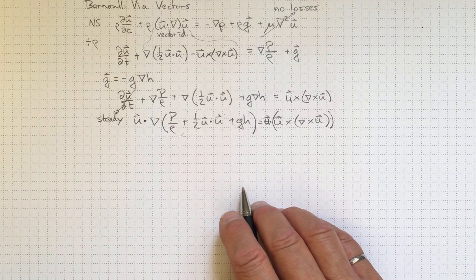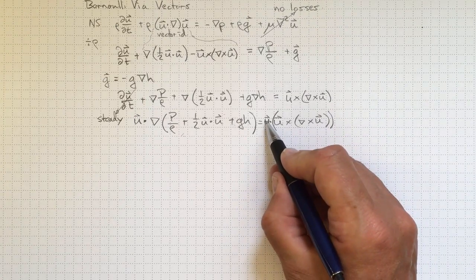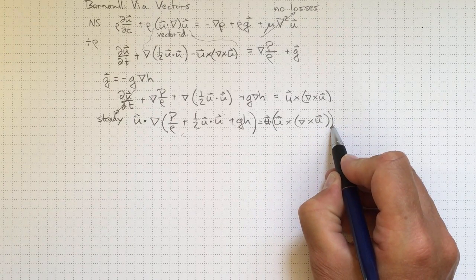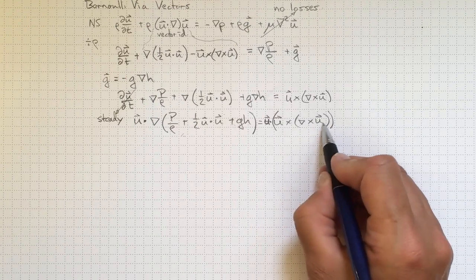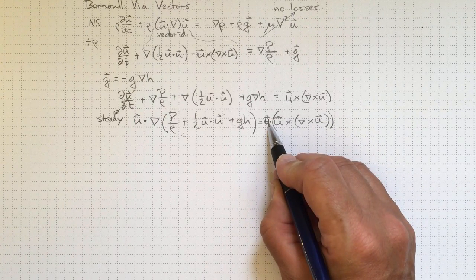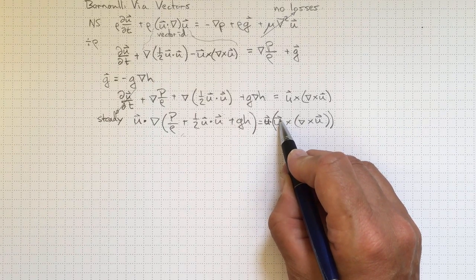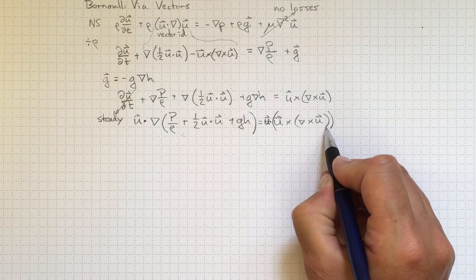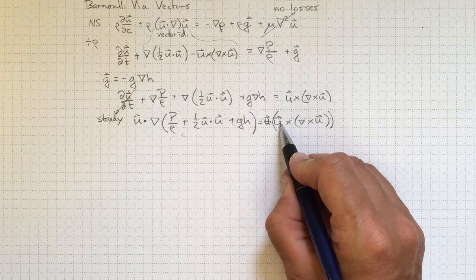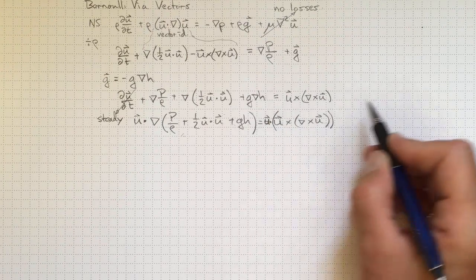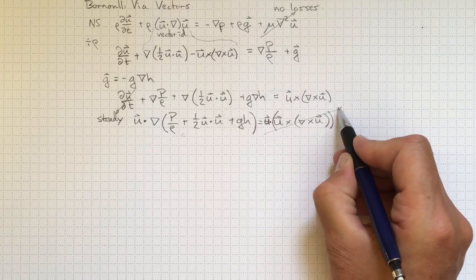That's going to give us the advantage that the dot product of u with this other vector quantity will be 0 if this other vector quantity is perpendicular to u. And the cross product of u and any vector is perpendicular to u. So the dot product of this vector quantity, which is perpendicular to the velocity vector, is equal to 0 because of that characteristic.